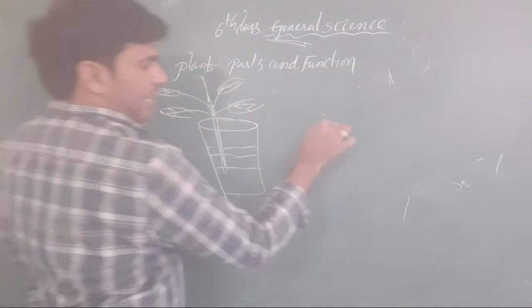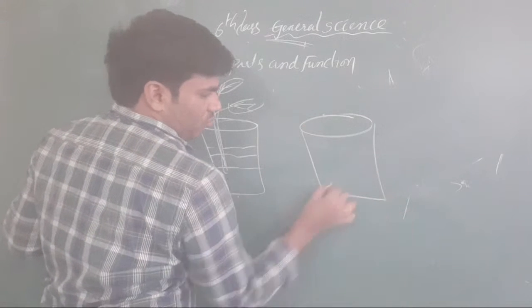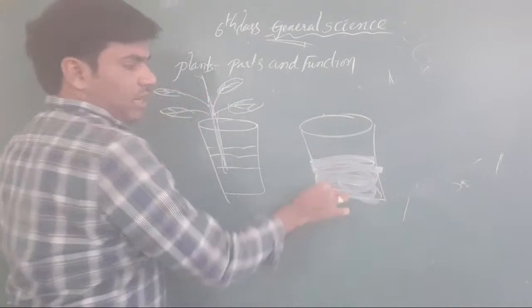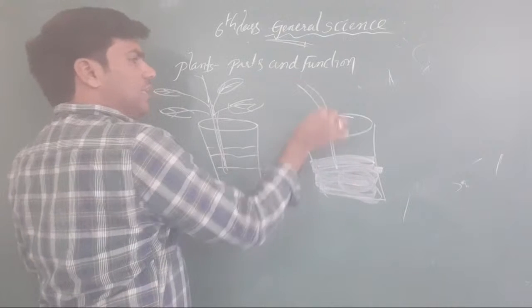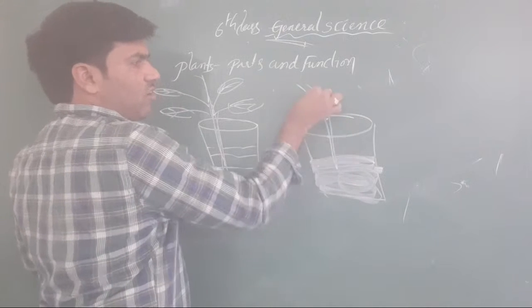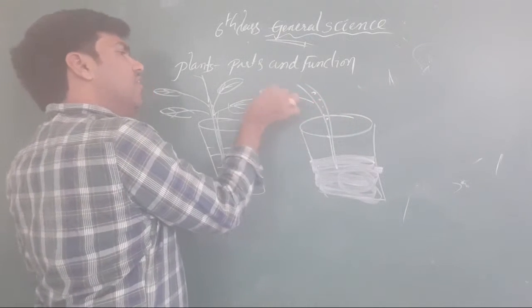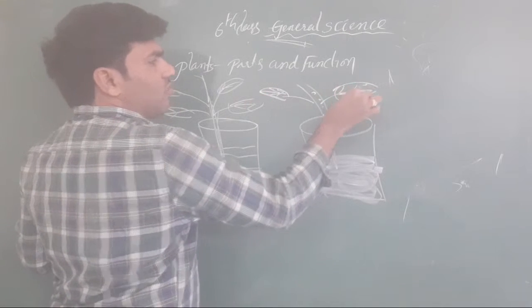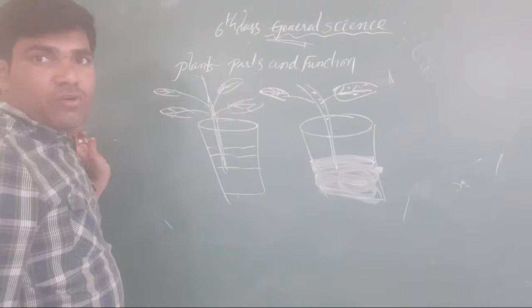But when we add ink to the water, whatever the ink color is will appear as dots on the stem, and the leaves also contain these dots. Got it or not? I hope you got it.